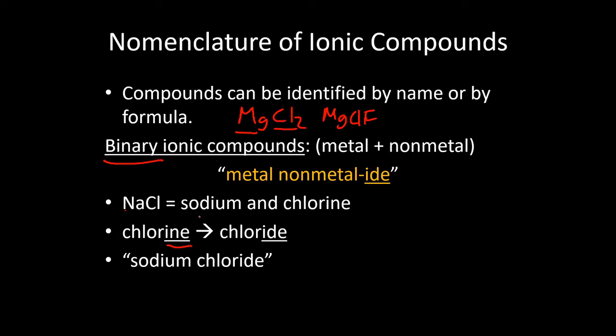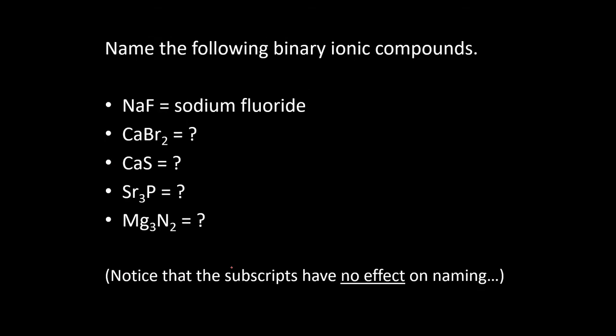And so sodium and chlorine becomes sodium chloride, which I am sure you have heard of at some point at least. You might not hear about it all the time, the scientific name anyway, but that is table salt. That is sodium chloride.